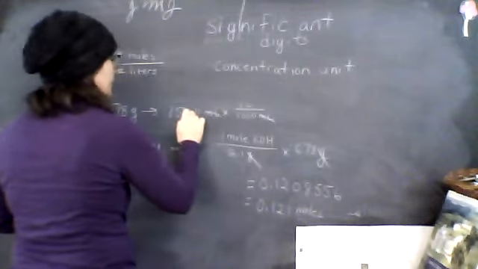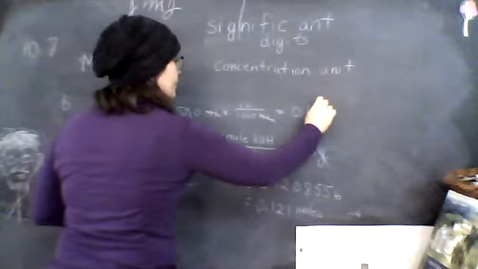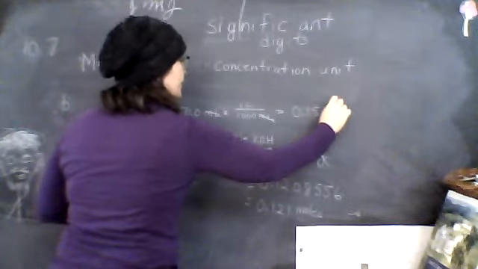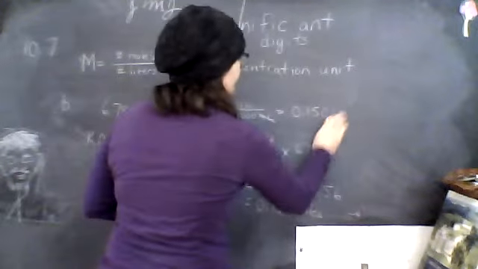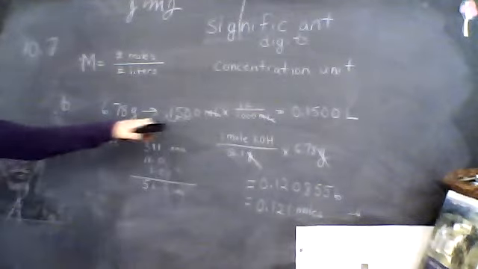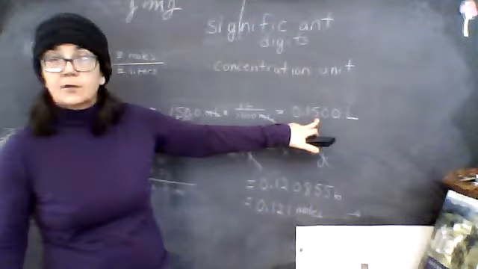Milliliters cancel. That's 0.150 liters. If I want to show all my significant digits, I should continue to show them. This has 4, so this one wants to have 4 as well. Okay, so I still have 4.